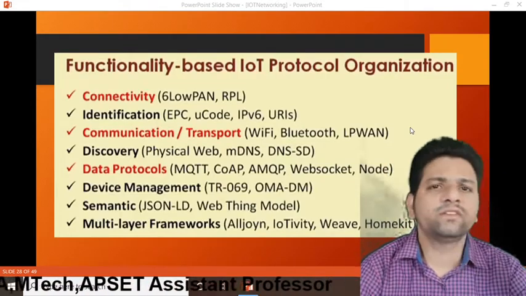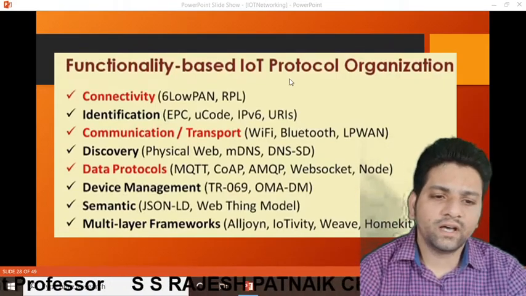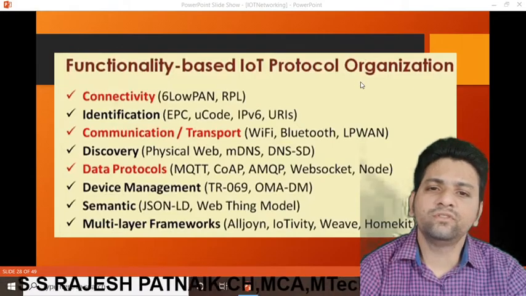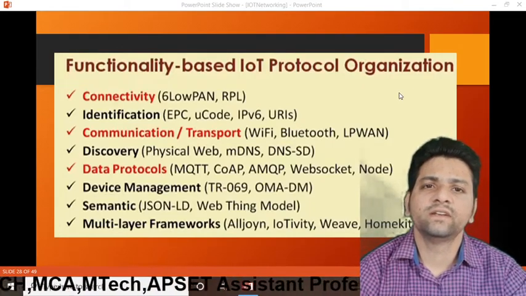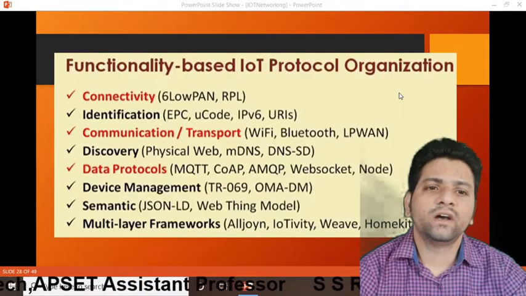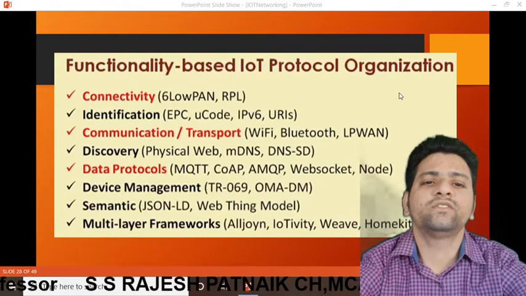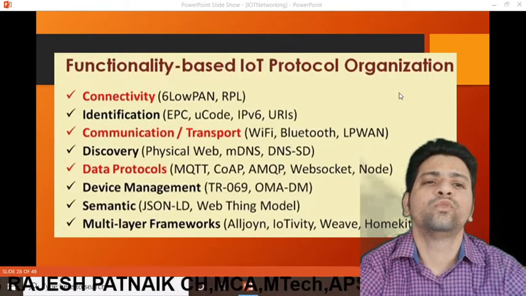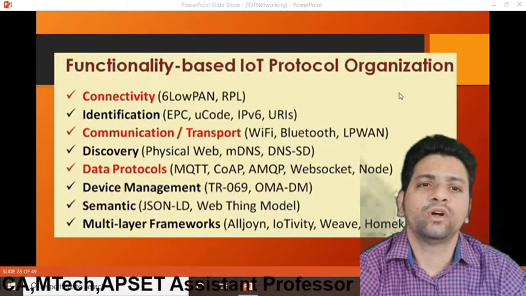There are various types of protocols, and with examples we will understand these different types of protocols here.